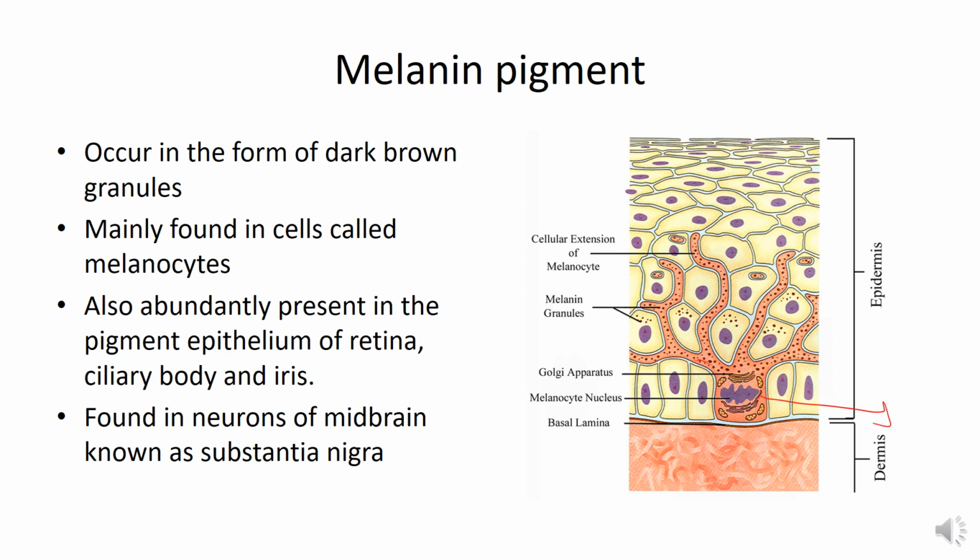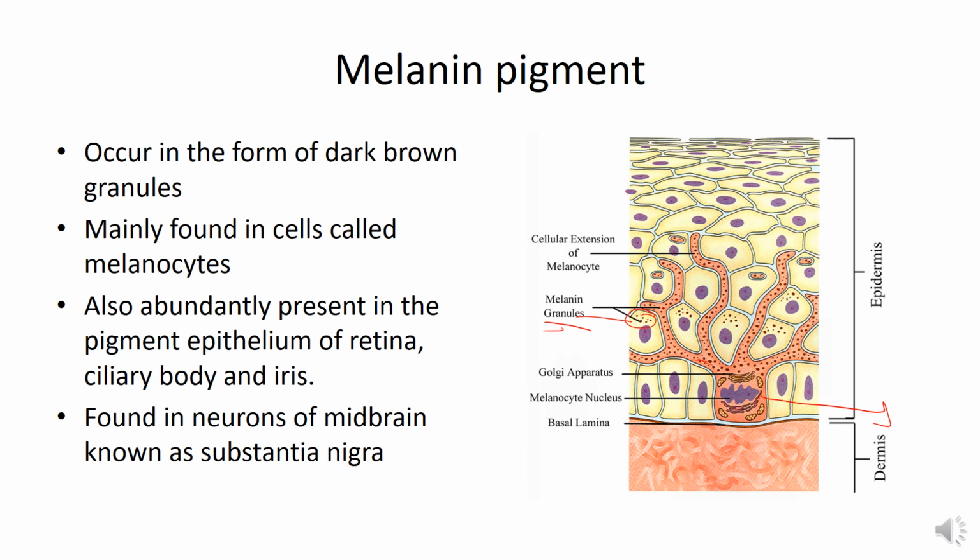You can see here the pigment is being formed, and then it is transferred into the keratinocytes of the epidermis. These are the keratinocytes which have the melanin pigment granules. In the skin, the melanin serves to protect the epidermal cells against the harmful effects of solar ultraviolet radiation.